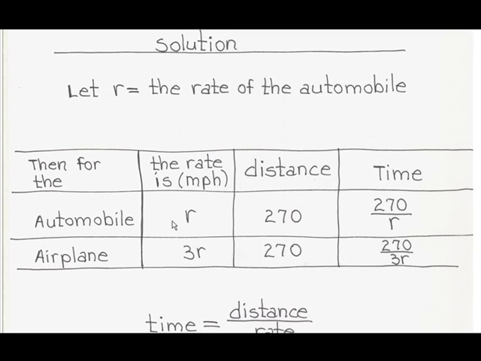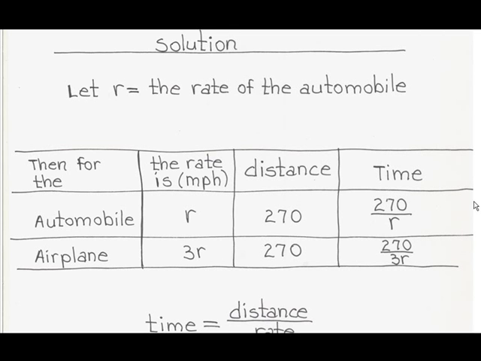For right now, for the automobile, we don't know what the rate of speed is. So that's R. We know that the automobile and the plane are both going to travel a distance of 270 miles. So the distance for the automobile is 270.